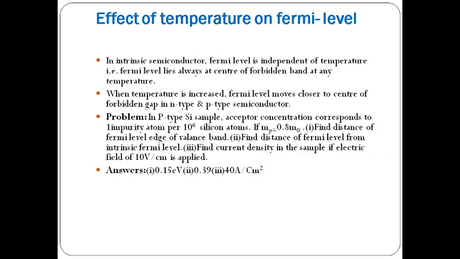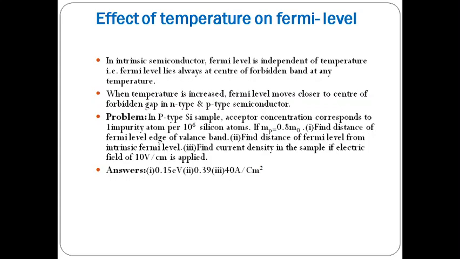Effect of temperature on the Fermi level. How will the Fermi level be affected by temperature? In an intrinsic semiconductor, the Fermi level is independent of temperature. That means the Fermi level lies always at the center of the forbidden band at any temperature. So in an intrinsic semiconductor, the Fermi level is not affected by temperature.